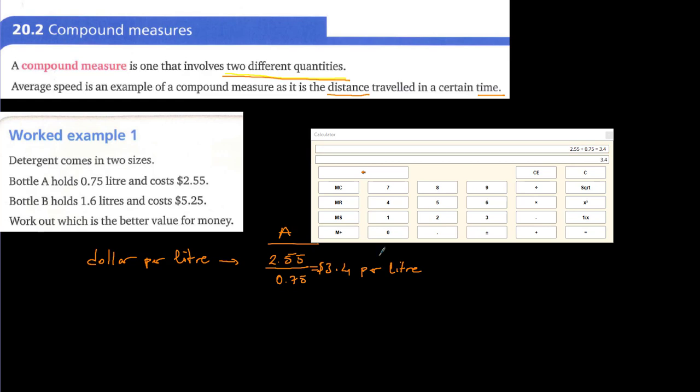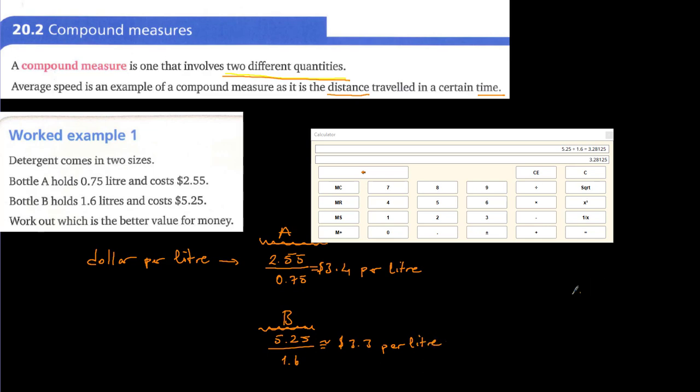Okay, let's do the same for bottle B. Bottle B is 5.25 divided by 1.6, which is equal to 3.28, which is approximately 3.3 per liter.